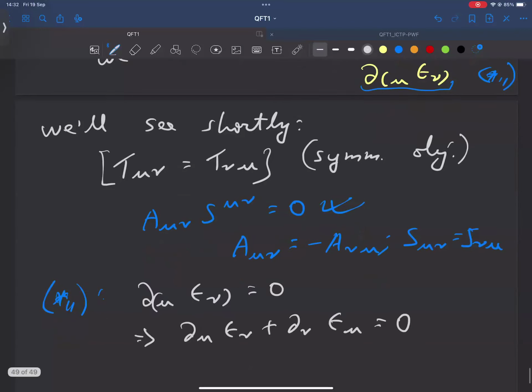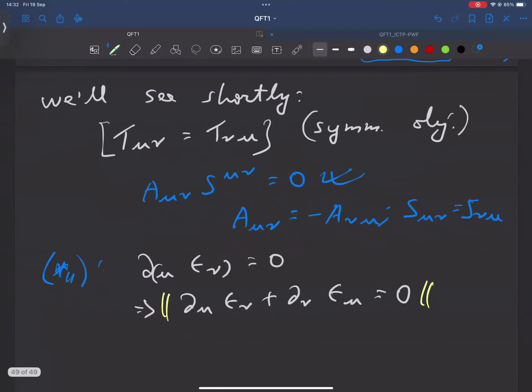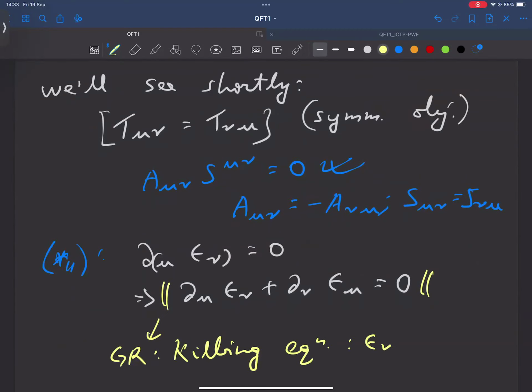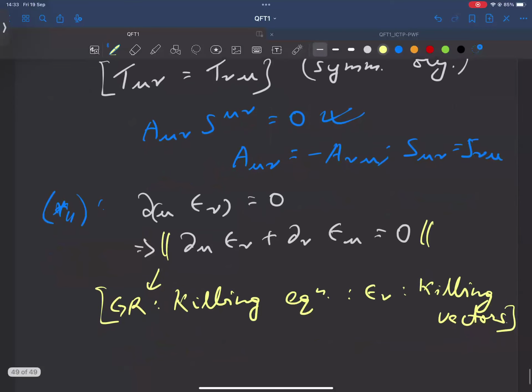Okay. And why I was telling you this is because this is the motivation for why there is a way to treat the 2-index stress tensor current also as a 1-index object. From there, we got this. And when you take a course in GR, you will see that this is what is called the Killing equation. And these epsilons are called Killing vectors. Okay, this is just an aside. No need to understand the GR aspect of it.